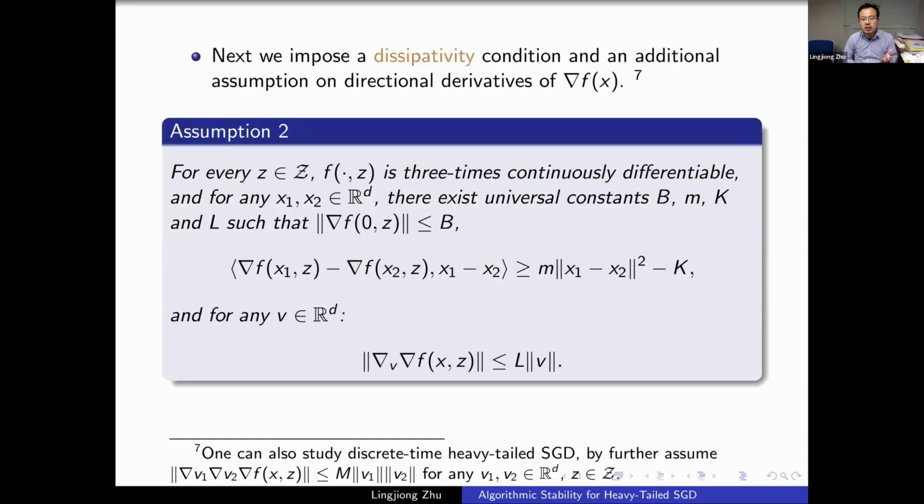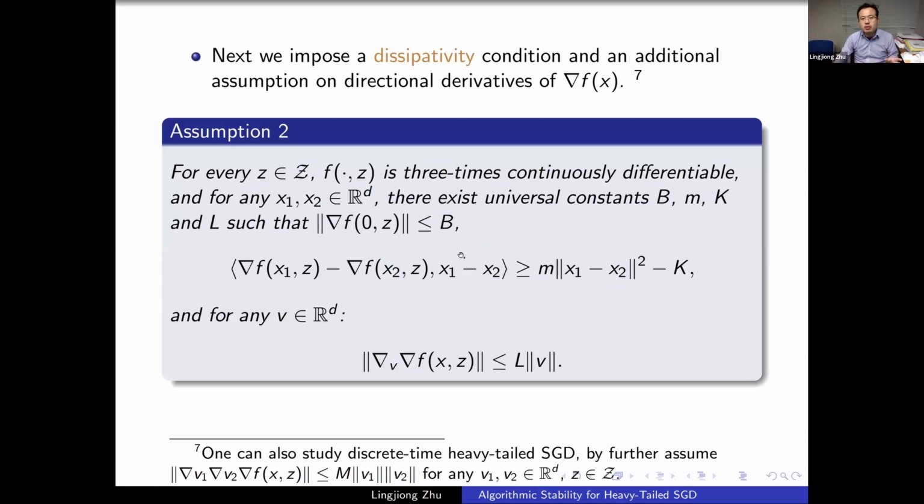Another assumption we make, commonly used in the non-convex SGD literature, is the dissipativity condition. That's weaker than a strong convexity condition. It's actually slightly weaker than strong convexity outside of a compact domain, which people used in several papers, for example in Michael Jordan's paper.